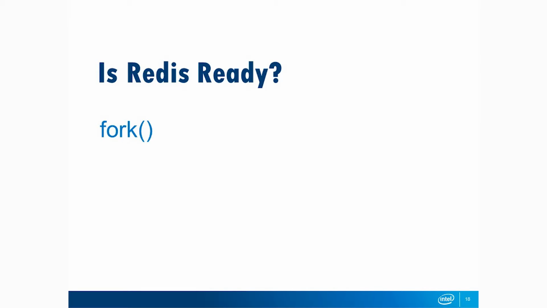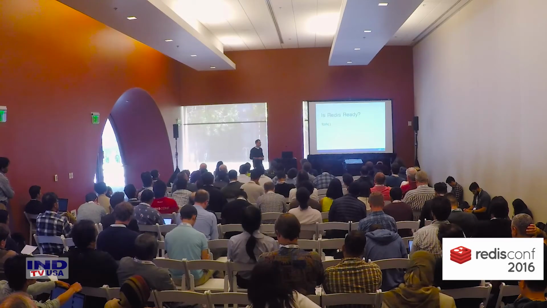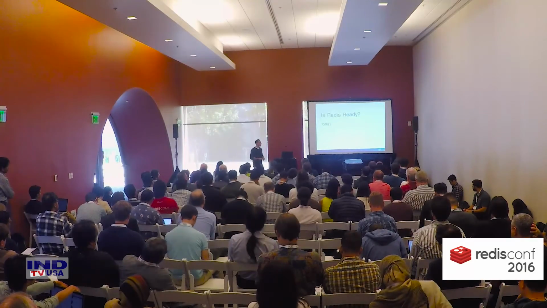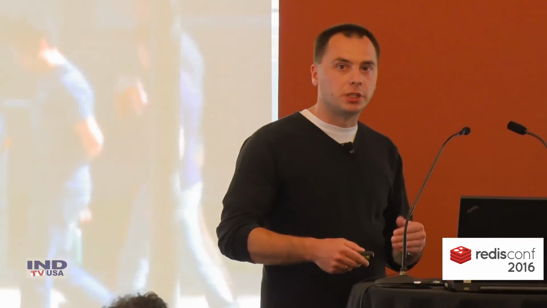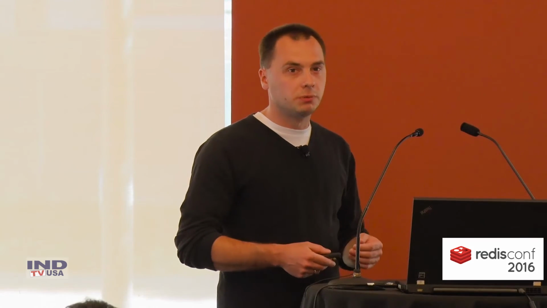So can we say that Redis is ready for persistent memory? Actually, there are some constraints in the persistent programming model. For example, Redis uses a fork function. When a process executes fork, parent process pages are marked as read-only. And when some of these pages are modified, the copy-on-write mechanism duplicates those pages.